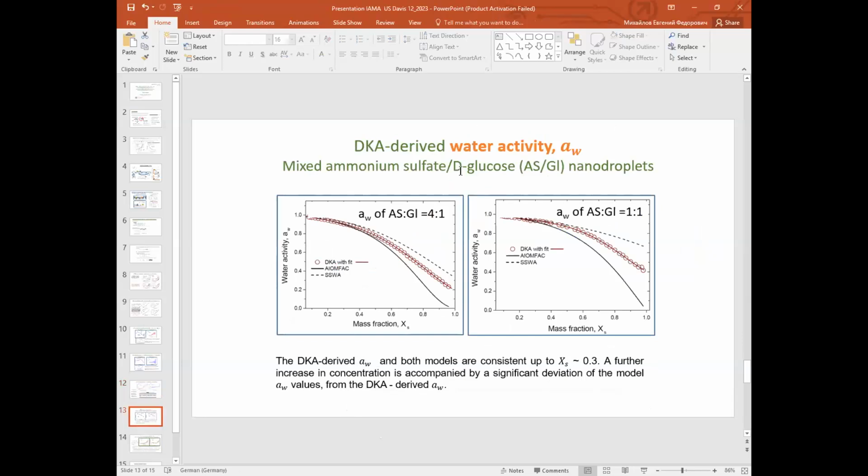And now some properties of mixed ammonium sulfate and glucose particles with different mass ratios, 4:1 and 1:1. And we see that at small mass fraction, we have good agreement with the models, but above 0.3 mass fraction, we have a strong deviation between the AIOMFAC model and the separate solute volume additivity models.